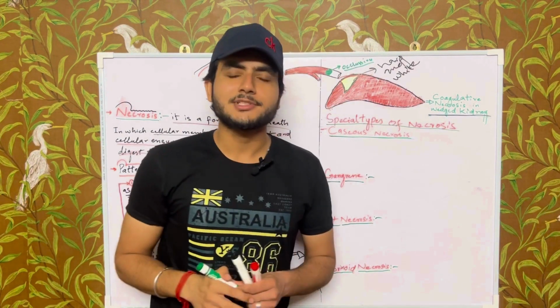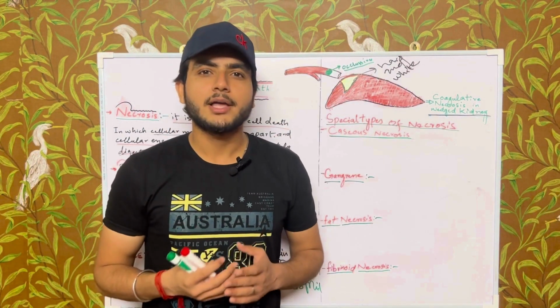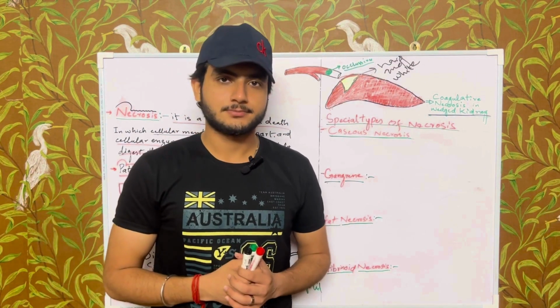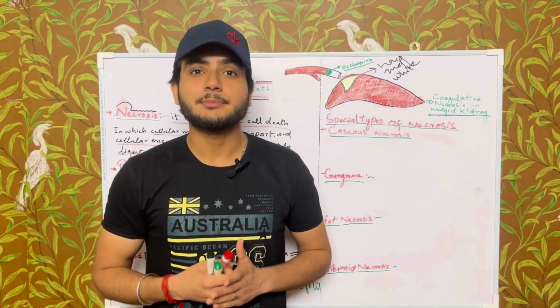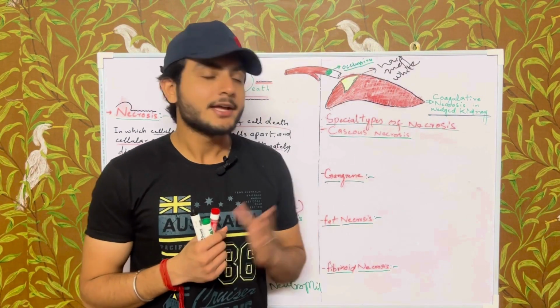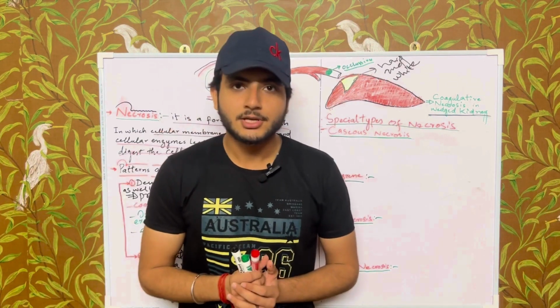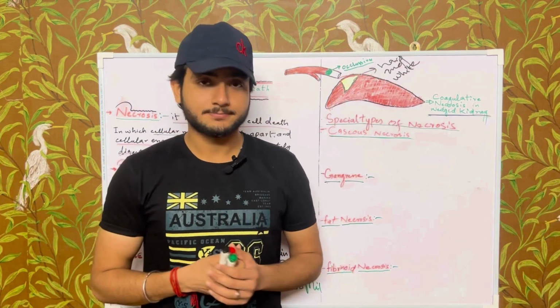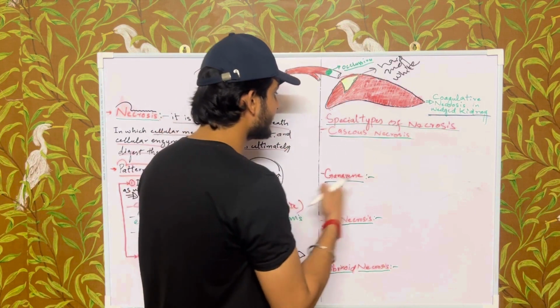Caseous necrosis mostly occurs at the foci of tuberculous infection. On gross examination, it appears cheese-like, hence named caseous. It is also yellow in color. So let's write it down.